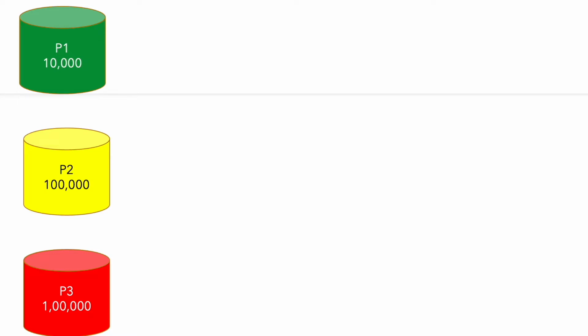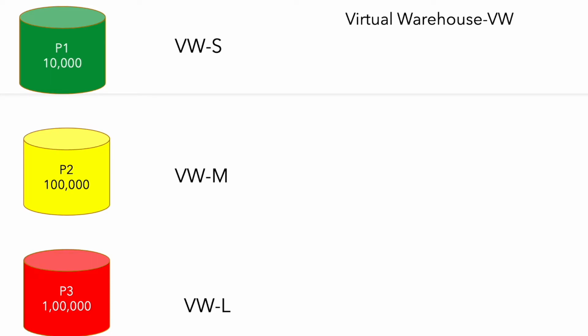Let's spin up virtual warehouses: a small one for P1, a medium one for P2, and a large one for P3. So all three are physically separated, but finally are logically integrated into a database because they have different virtual warehouses being launched.